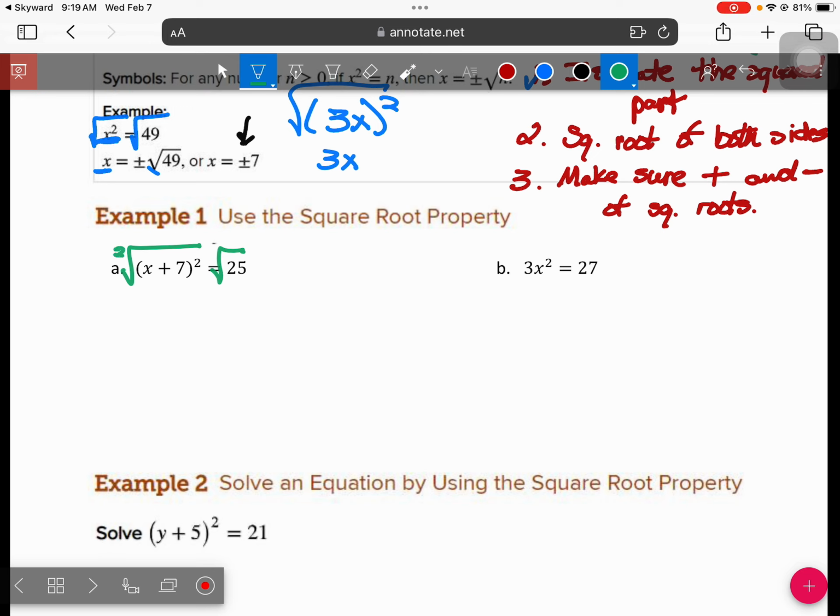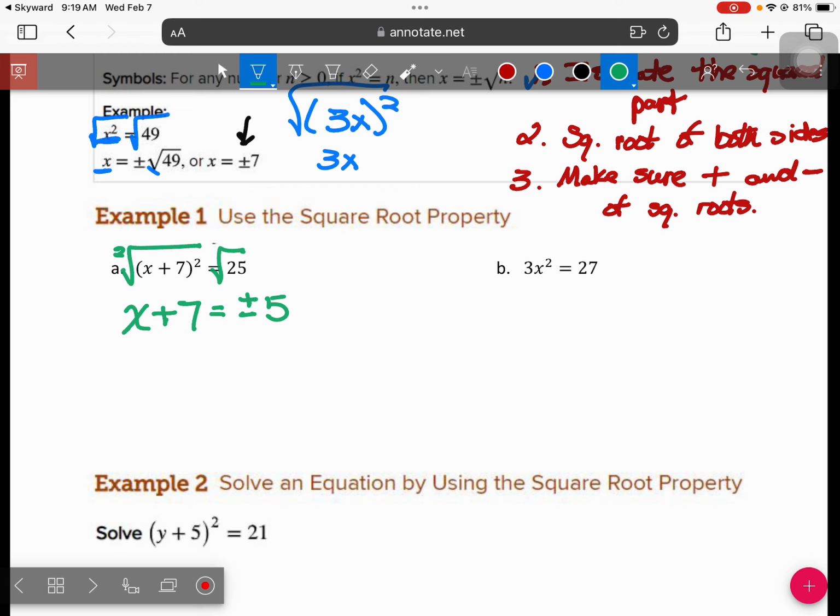When you take the square root, those kind of cancel out, and I'm left with x plus 7 equals plus or minus 5. Because the square root of 25 is 5, but I also know negative 5 times negative 5 gives me 25. Okay?